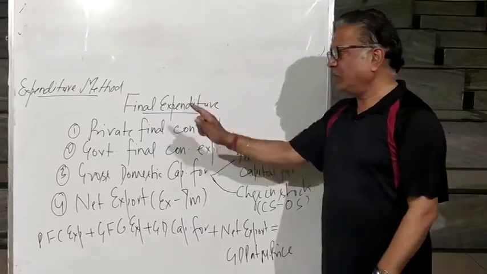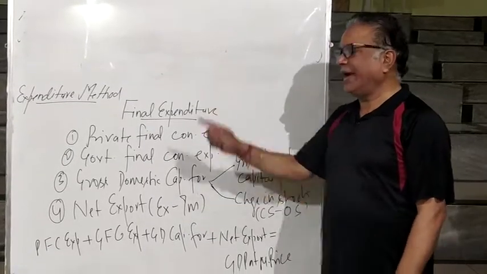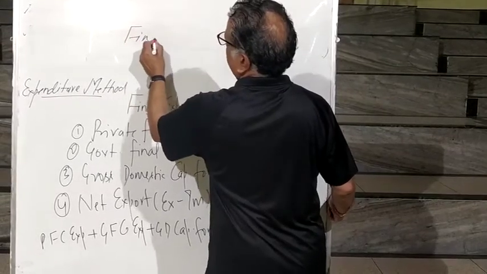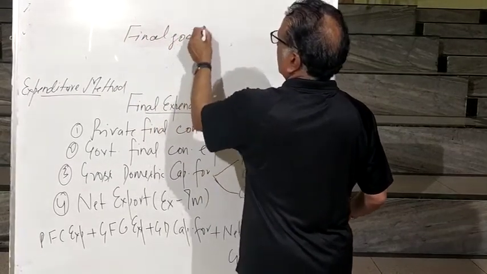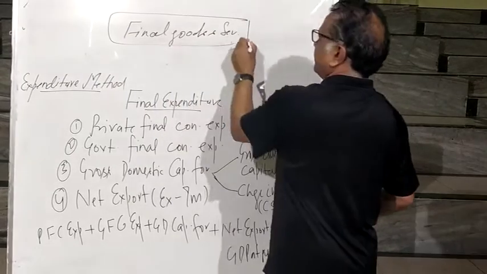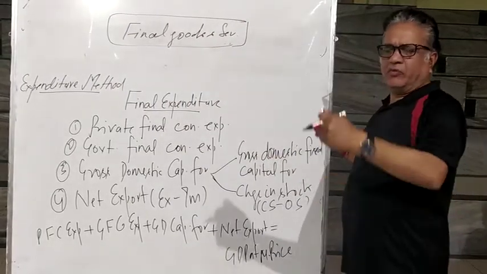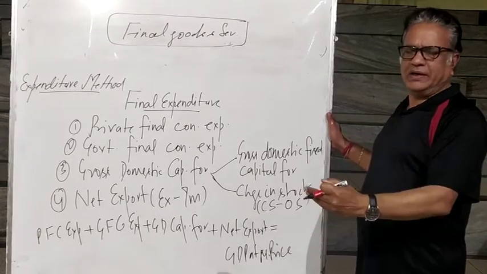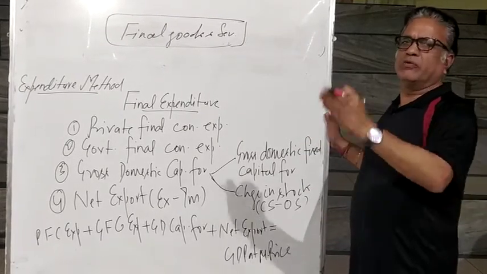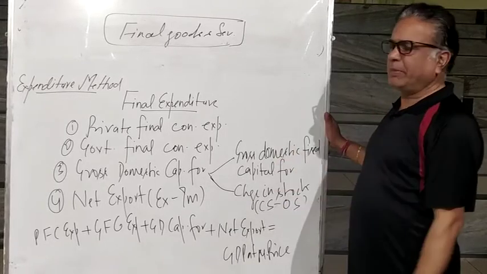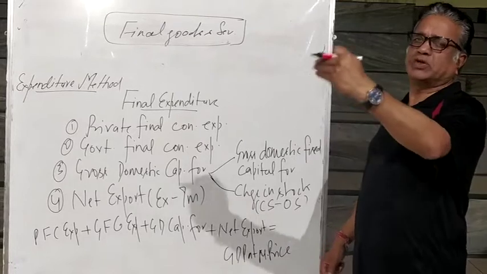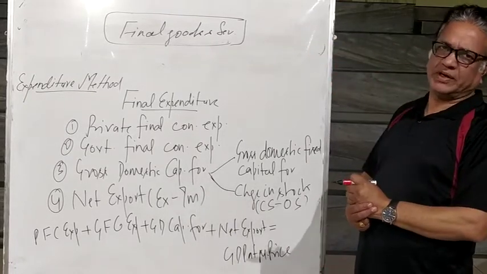So here we calculate total expenditure on final goods and services produced within the country. Right? Within the country, during the year, different types of final goods and services are produced, over which how much expenditure has been made, we calculate through expenditure method, and then we proceed to the different aggregates of national income.